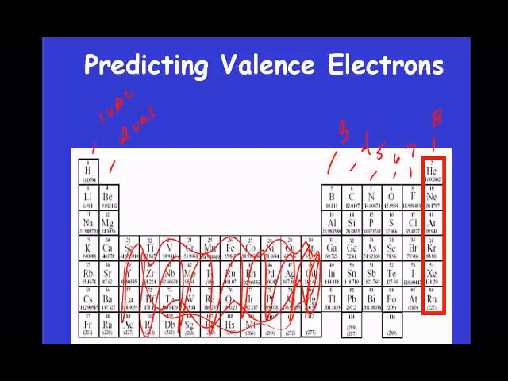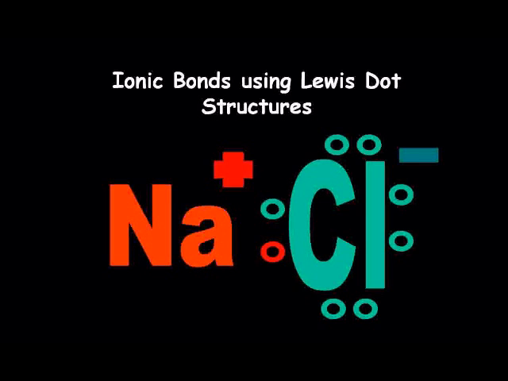So let's create some ionic bonds using Lewis dot structures. If we look, sodium has 1 valence electron. Chlorine, we know, has 7. So sodium, a metal, will want to lose its 1 valence electron, resulting in a positive charge. Chlorine, the nonmetal, will want to gain an electron, resulting in a negative charge.